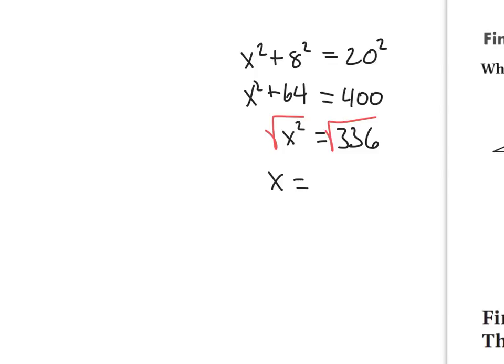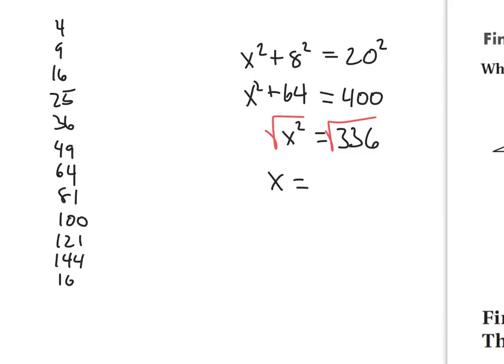All right, so I got to have my list of perfect squares here. 4, 9, 16, 25, 36, 49, 64, 81, 100, 121, 144, 169, 196, so on and so forth. What is half of 336? 168.